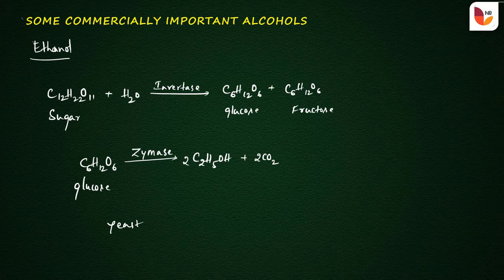If the fermentation process takes place in the presence of air, then the oxygen of air oxidizes ethanol to ethanoic acid, CH3COOH. That is, the ethanol undergoes oxidation. Hence, the reaction takes place under anaerobic conditions.